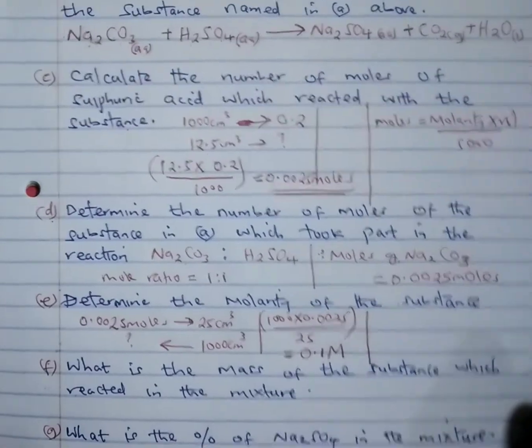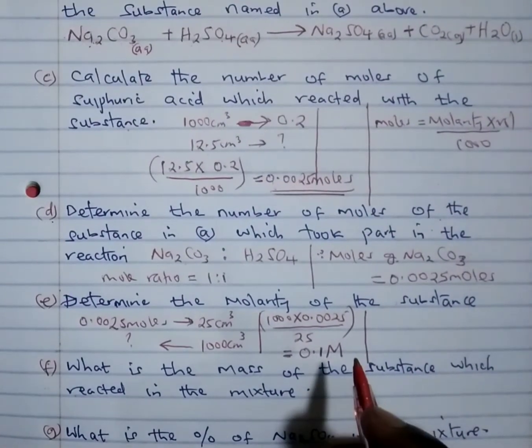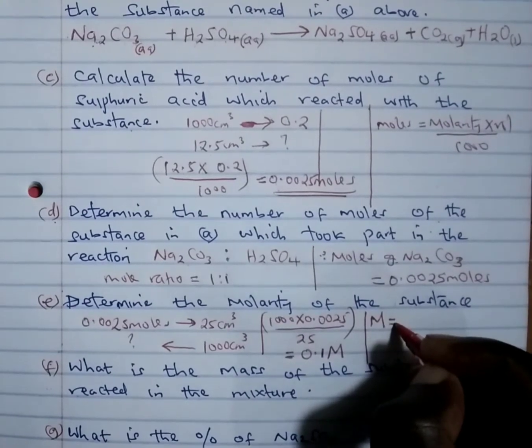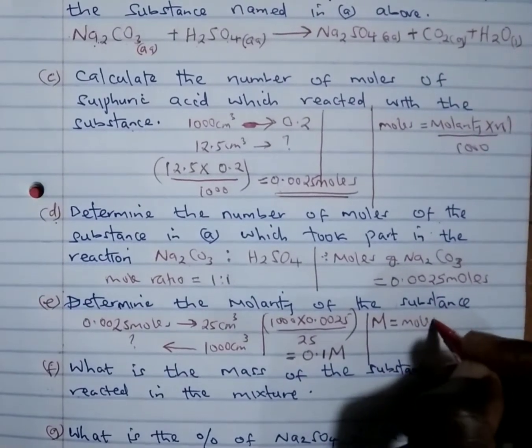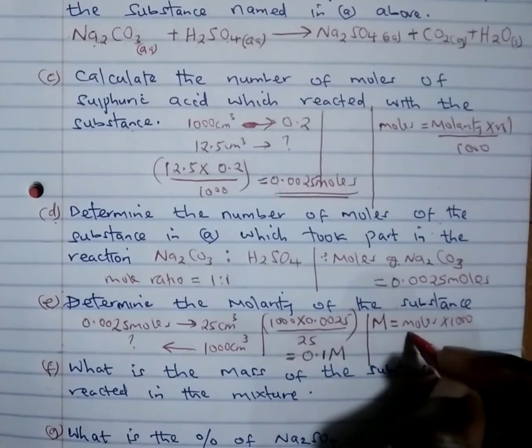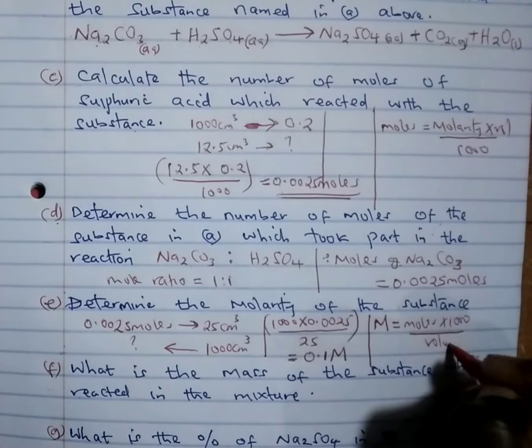Alternatively, we can use formula method. For us to get molarity, capital M, molarity will be equal to the number of moles. We multiply by 1000, then we divide by the volume.